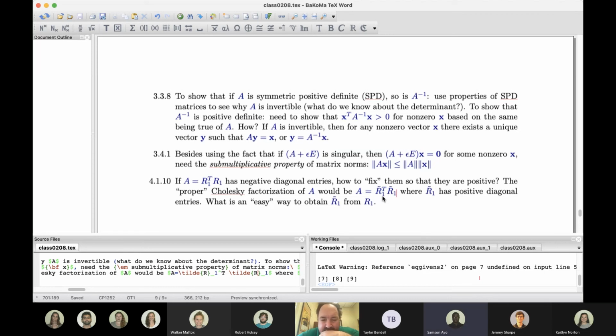Can't we just change the sign of the diagonal entries? When I tried this, I created an upper triangular matrix like this, and then changed the sign. I used one where we have negative diagonal entries and one where we had positive diagonal entries. And when I multiplied the matrix, it was kind of different.